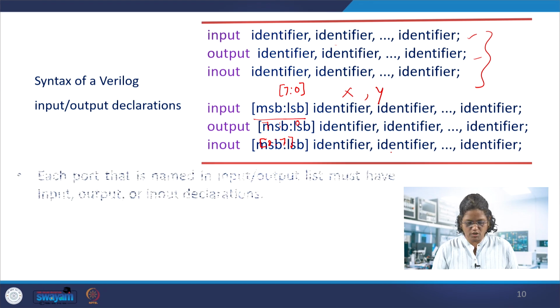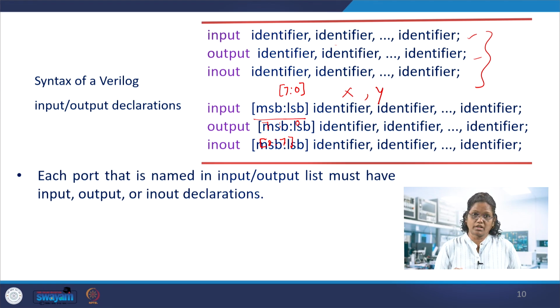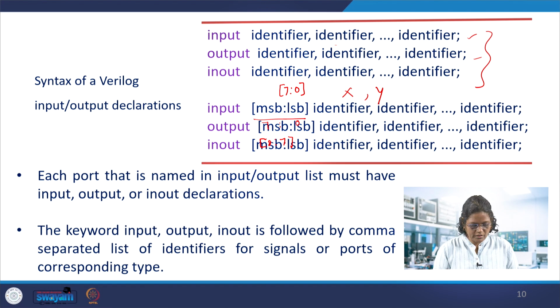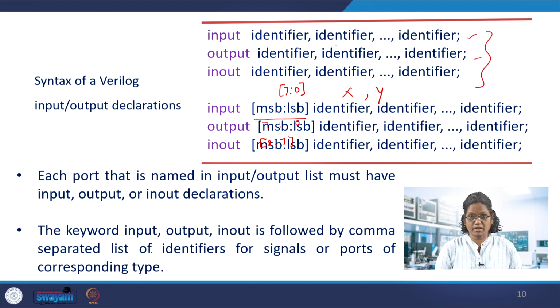This is the syntax for it, and each port name must have an input, output or in-out declaration. As I said, every port name within the bracket, the list of identifiers given there, should be declared in the declaration section. The keywords input, output, in-out are followed by a comma separated list of identifiers, and its corresponding type also.